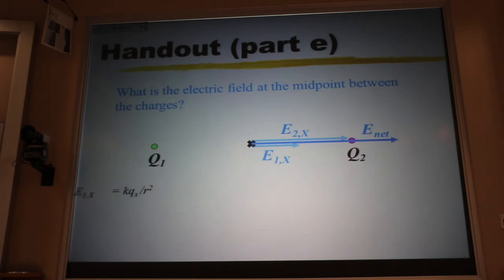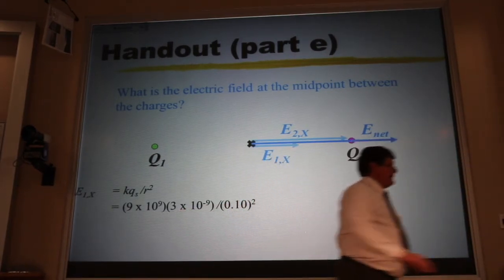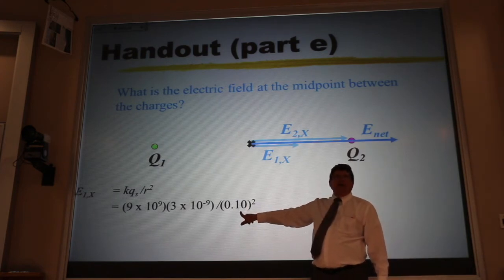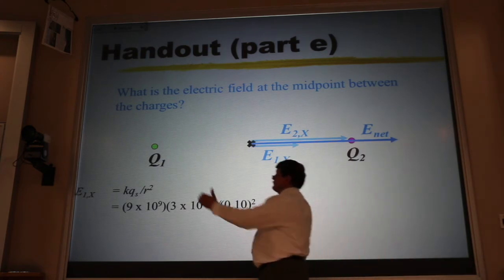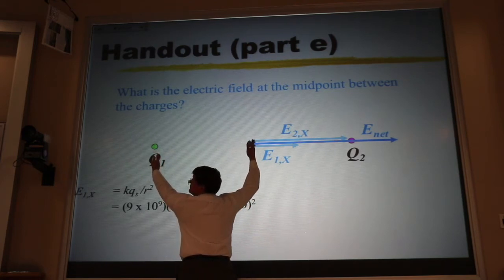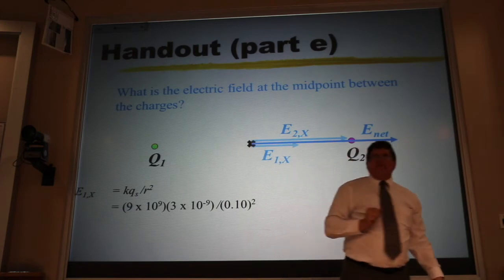Okay. Now, if we calculate those individual fields, the field due to Q1, notice I put Q1 in here, and notice also that the distance now is 10 centimeters, not 20 centimeters, because it's always the distance from the source to the X, where I'm finding the field, and that's only half the distance.